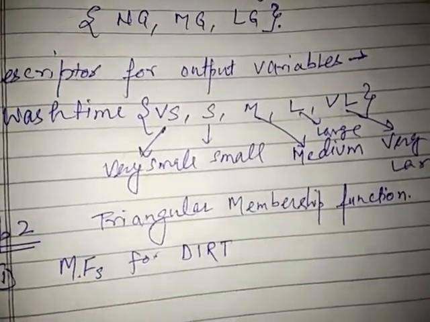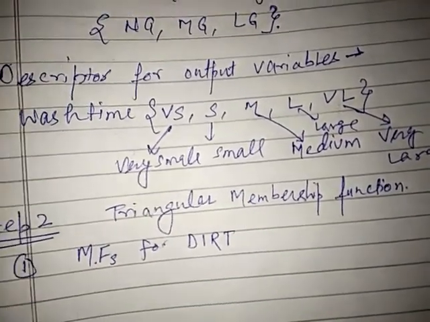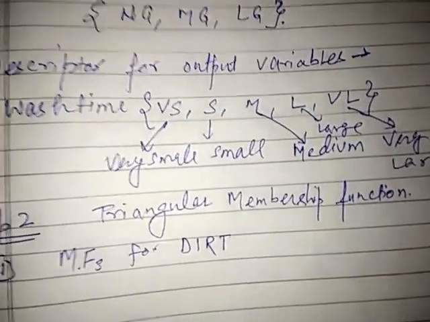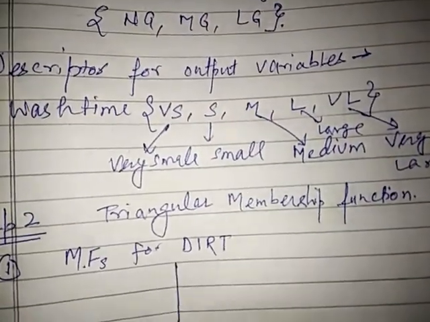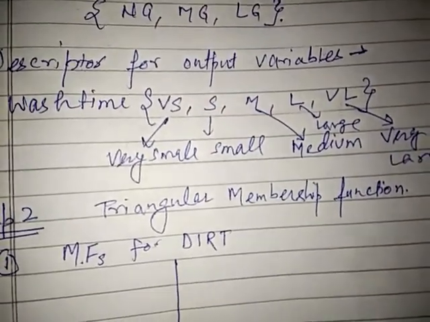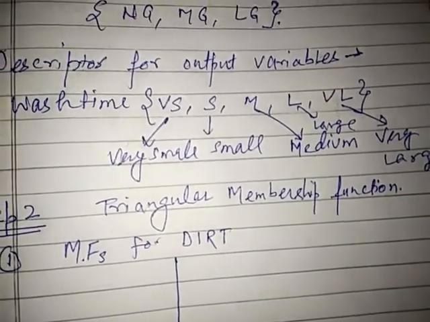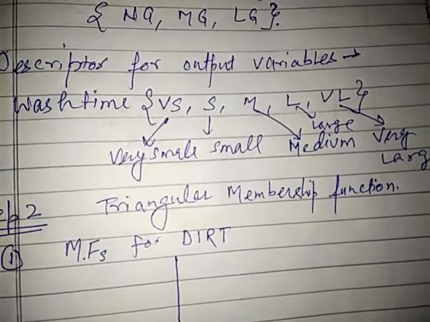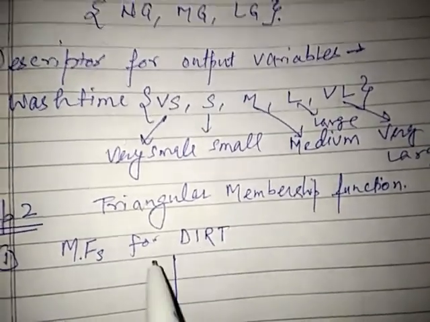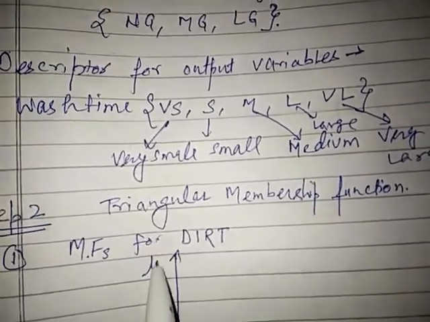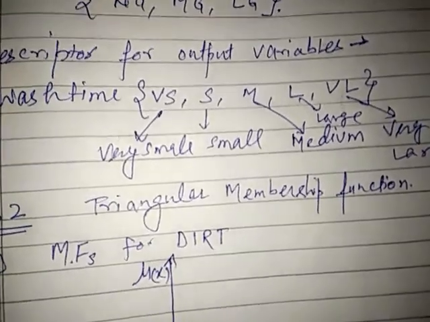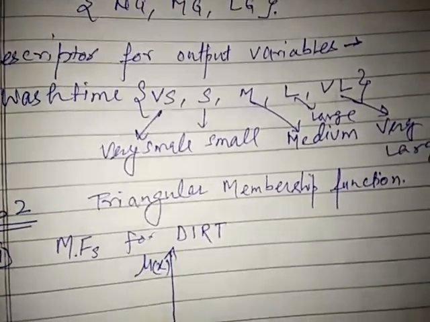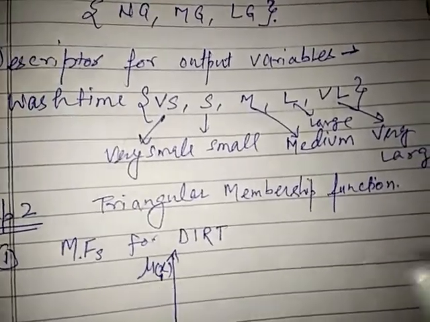Here is how we calculate the membership function for dirt, where we have three variables. You simply use dirt in percentage, and the membership function x from 0 to 1.